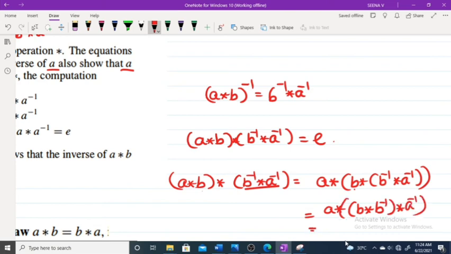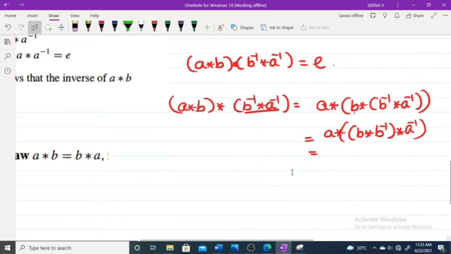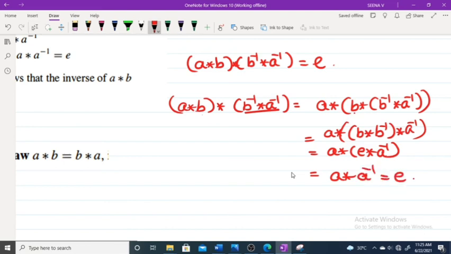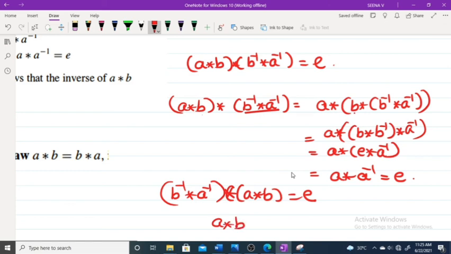And this is equal to A star E star A inverse, and using the definition of identity element, this is A star A inverse and this is equal to E. Similarly, we can prove B inverse star A inverse star A star B equal to E. From this we get the inverse of A star B is equal to B inverse star A inverse.